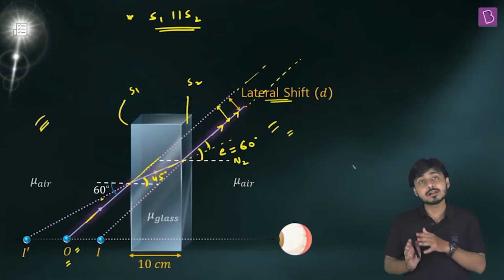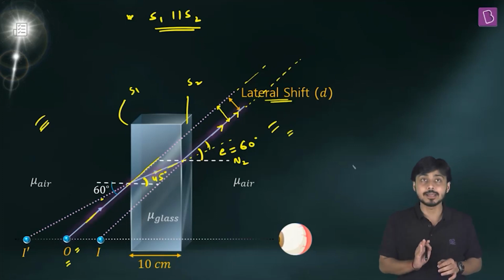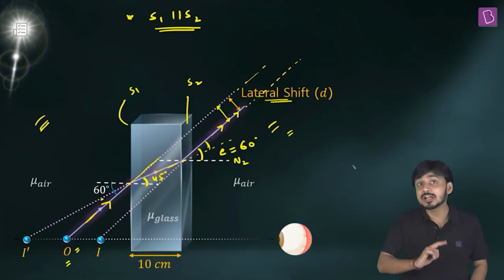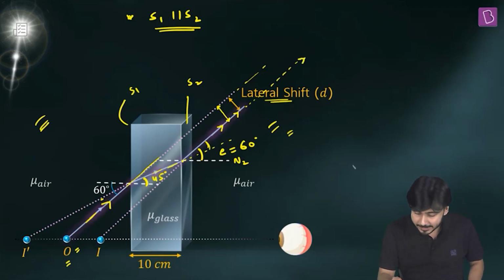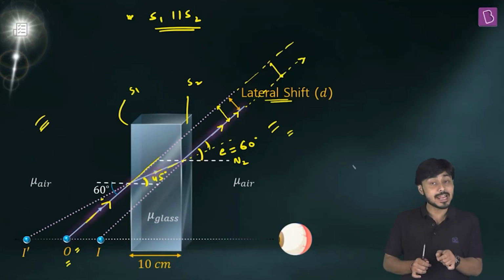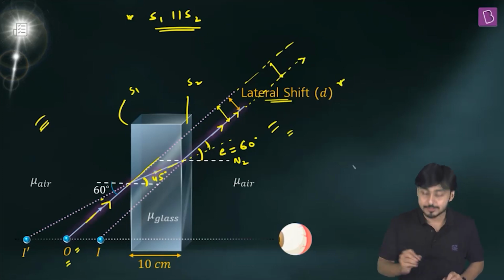Then for that, the lateral shift will be something else, right? But for a particular ray, the initial incident ray and the final refracted ray are perpendicularly shifted. That perpendicular shift for that particular ray is known as lateral shift.